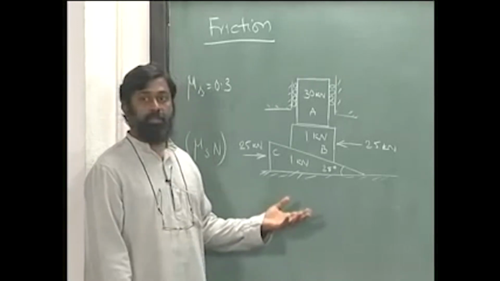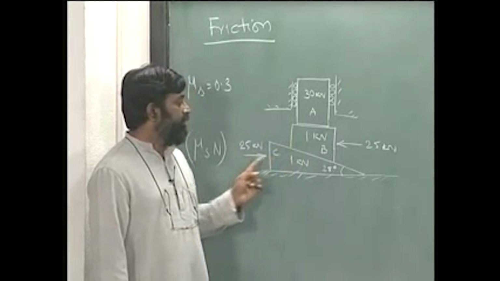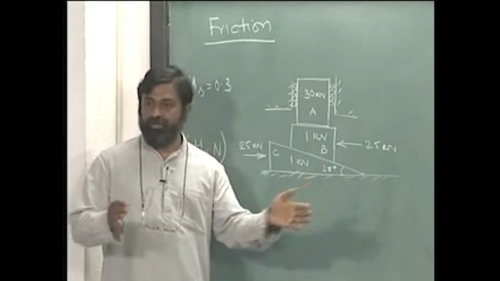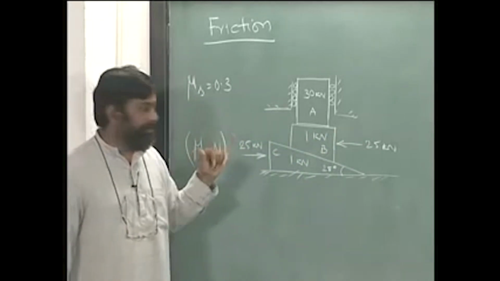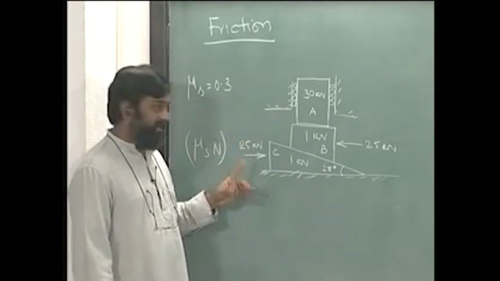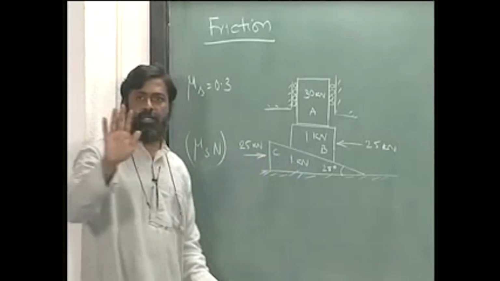The reason is you have a 25 kilonewton here, 25 kilonewton here, which means there is no net horizontal force in order to push it this way or this way. So let us look at one of the cases.